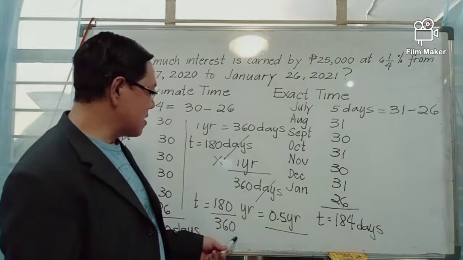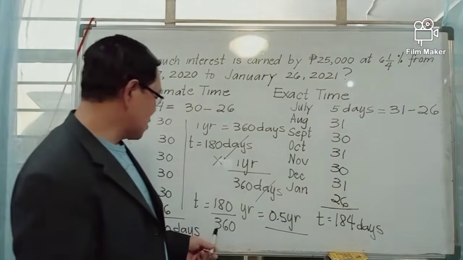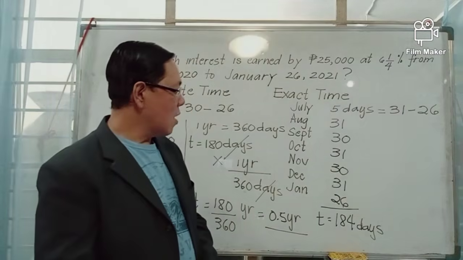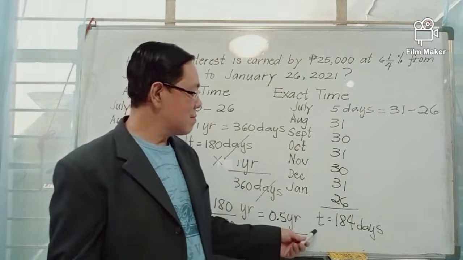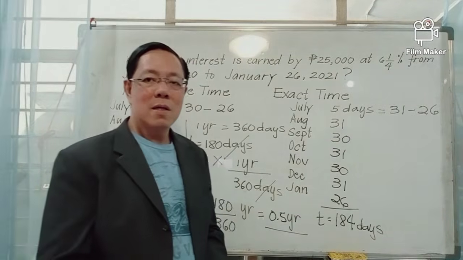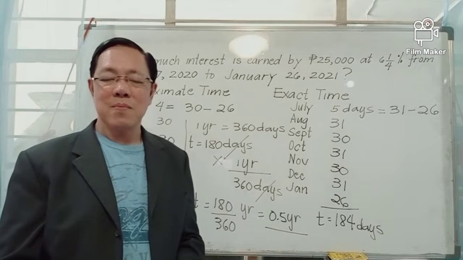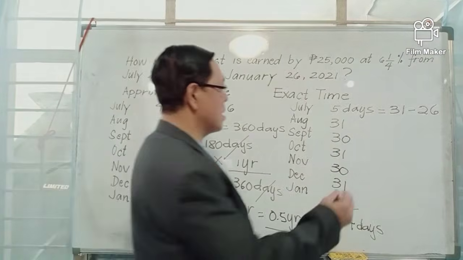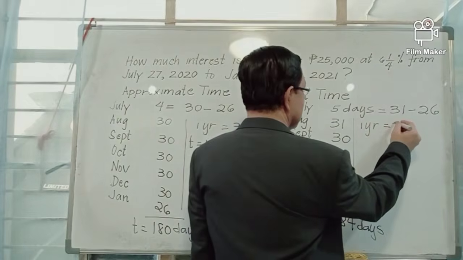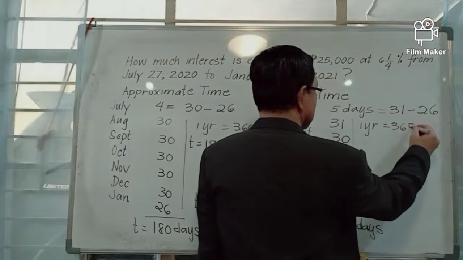There is a difference of 4 days between the approximate time and the exact time. Now we also convert the exact number of days to year. Now we take the equivalent units. 1 year equals 365 days.